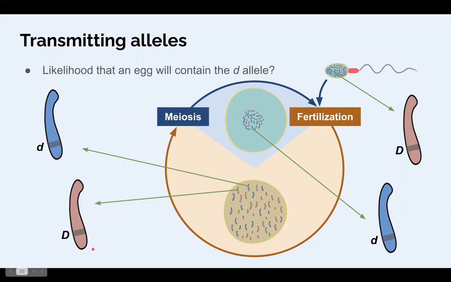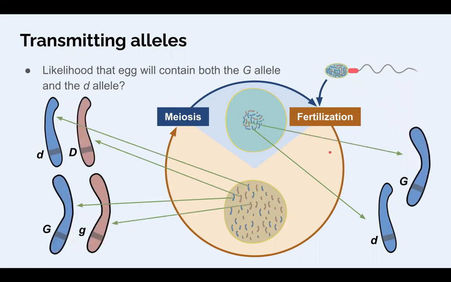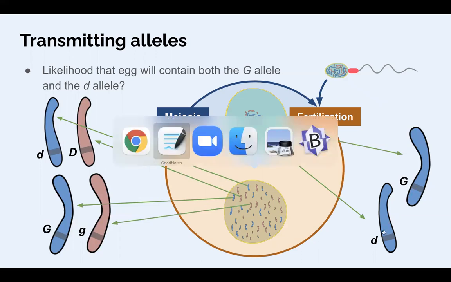So 1 out of 2 possible outcomes, 1/2 chance. And let's say we were looking at G and D together, you could investigate the chance that this outcome happened, big G and little d together, 1/2 chance for big G, 1/2 chance for little d combined together.